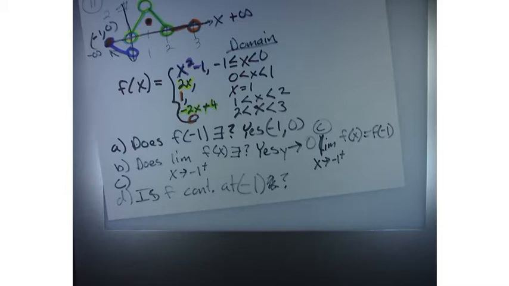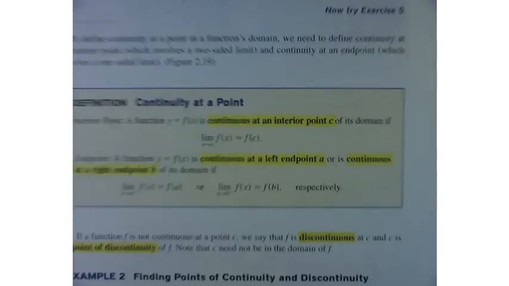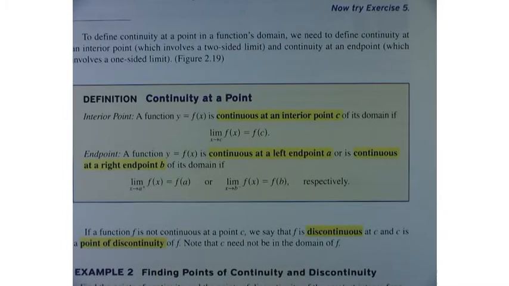We want to say no, but technically the answer is yes, but it's a one-sided limit. It's an endpoint. So what we'd have to do is go back and look in our textbook. When we define continuity at a point, it's continuous at an endpoint, right?